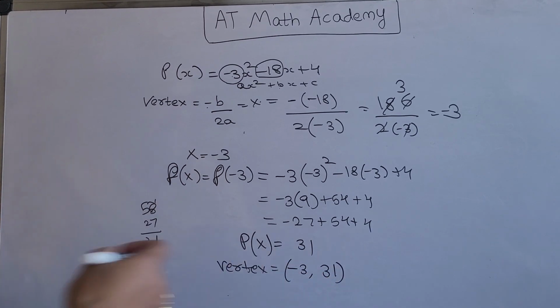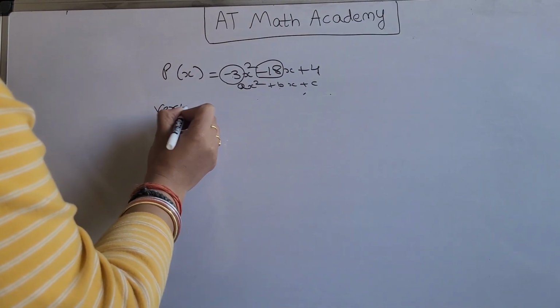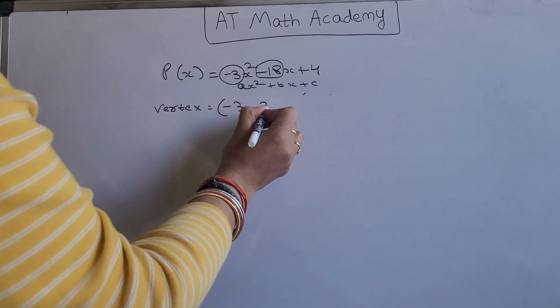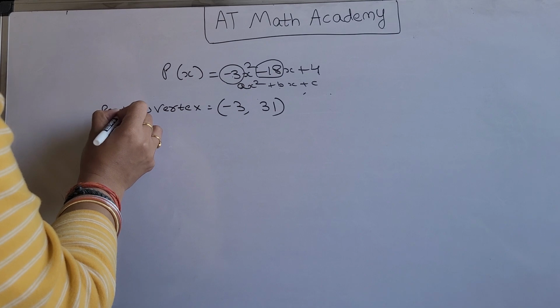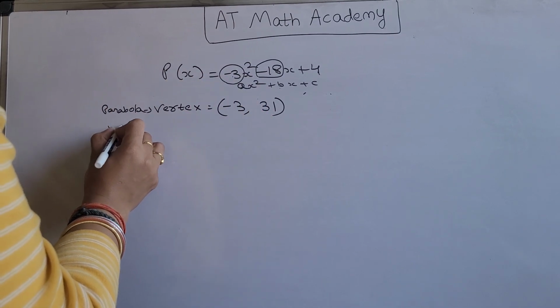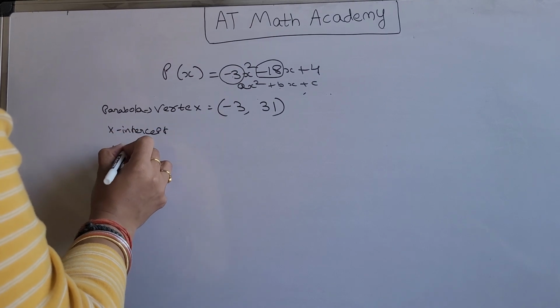So this is the vertex, and in order to graph this quadratic equation we are going to find out the x-intercepts and y-intercept.